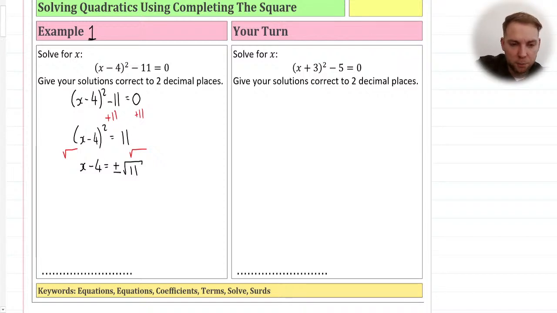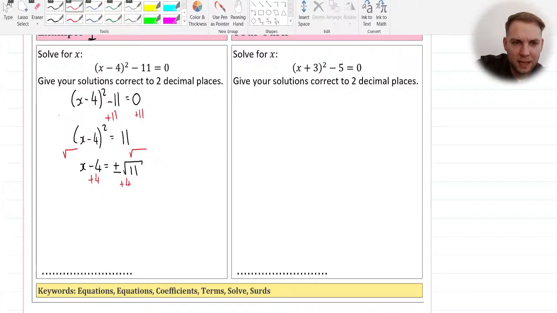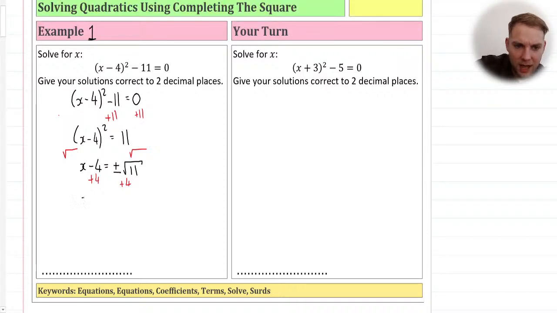And then the last little part is I need to get rid of this 4. So add 4, add 4. So the way that I write this is x is equal to 4 plus or minus the square root of 11, like so.